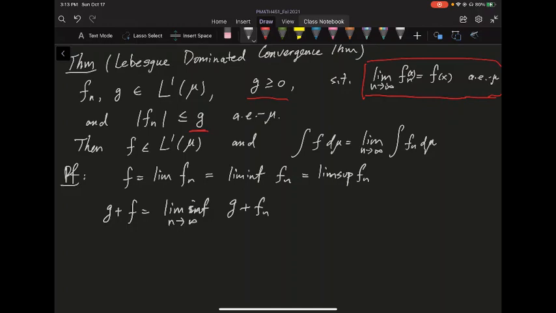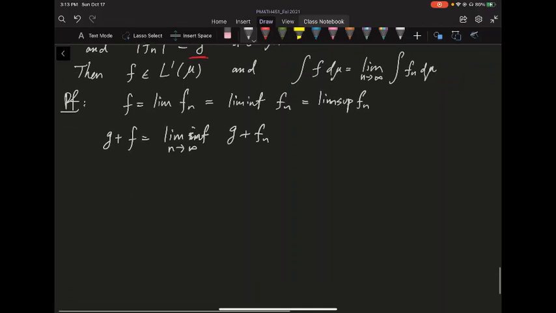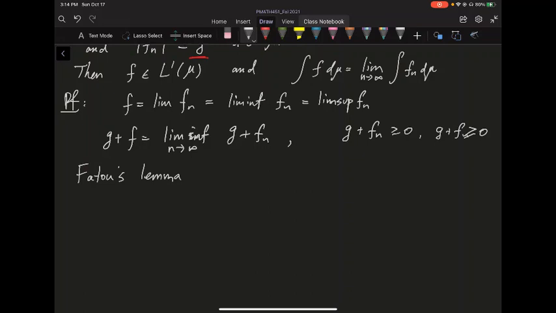I'm just adding something integrable, and the equality still holds. So again, we have Fatou's lemma. The good thing about adding g is that because Fn is dominated by g, g plus Fn and g plus f are non-negative almost everywhere, so you can apply Fatou's lemma.